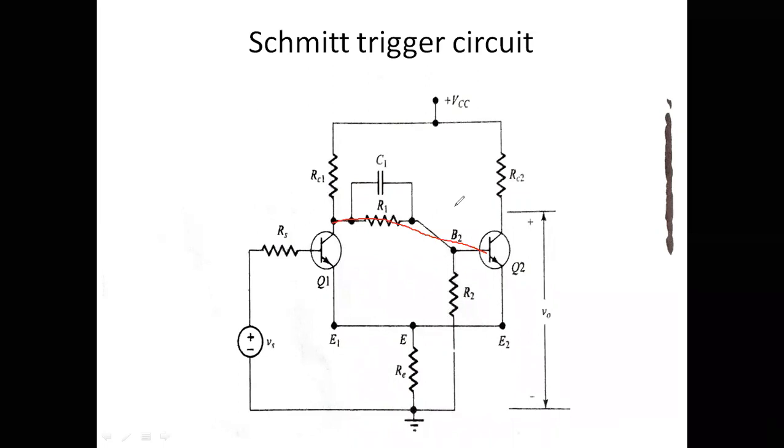To operate it as a bistable multivibrator, the loop gain should be less than one. If the loop gain is greater than one, it operates simply as an amplifier.